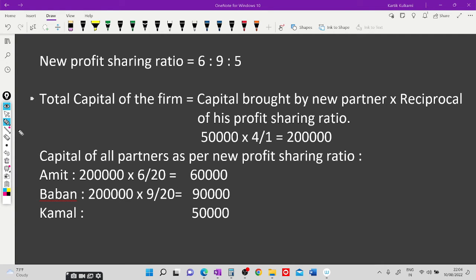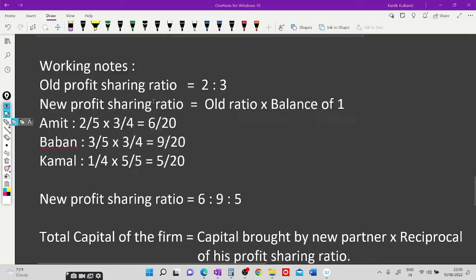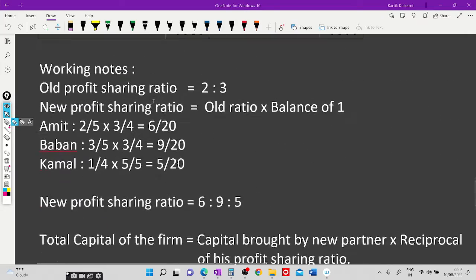Now this is the capital which they will be maintaining in the business. Now 60,000 of Amit, Baban 90,000, 50,000 Kamal will appear as the capital balances in balance sheet. So let's note down these balances in the balance sheet: 60, 90 and 50.